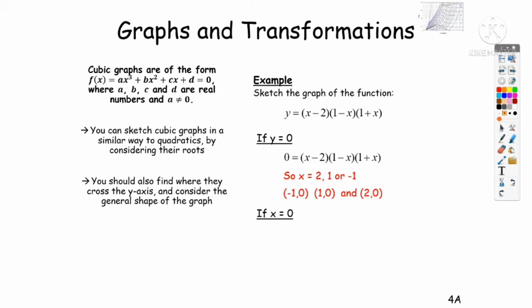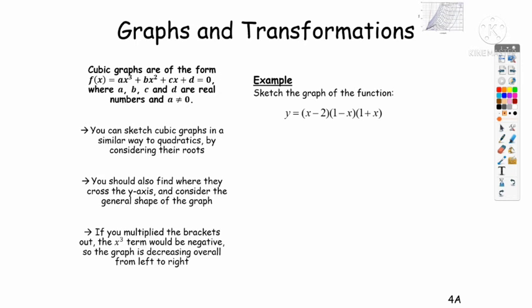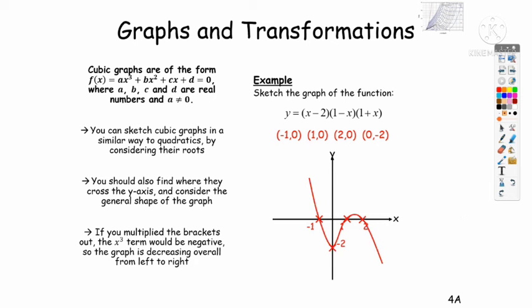And if x is 0, I get (0 minus 2)(1 minus 0)(1 plus 0), so y is equal to minus 2. So I get (0, minus 2) as my fourth coordinate. If you multiply the brackets out, the x cubed term will be negative, so the graph is decreasing overall from left to right. So it will start in the top left corner and work its way down.